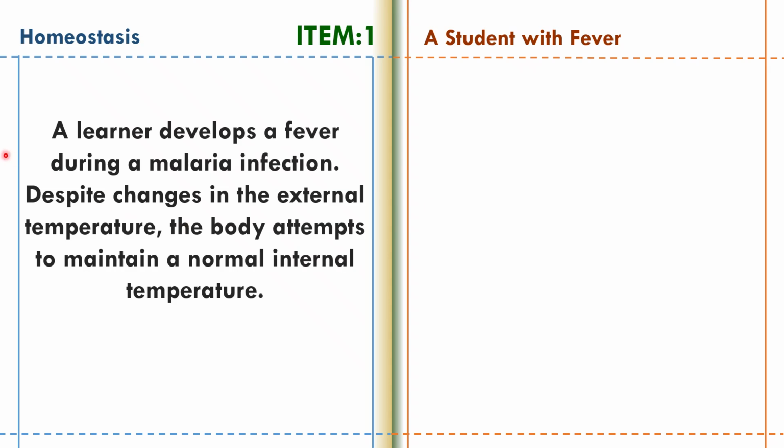Homeostasis, item 1. Let's look at a student with fever. A learner develops a fever during a malaria infection. Despite changes in the external temperature, the body attempts to maintain a normal internal temperature.